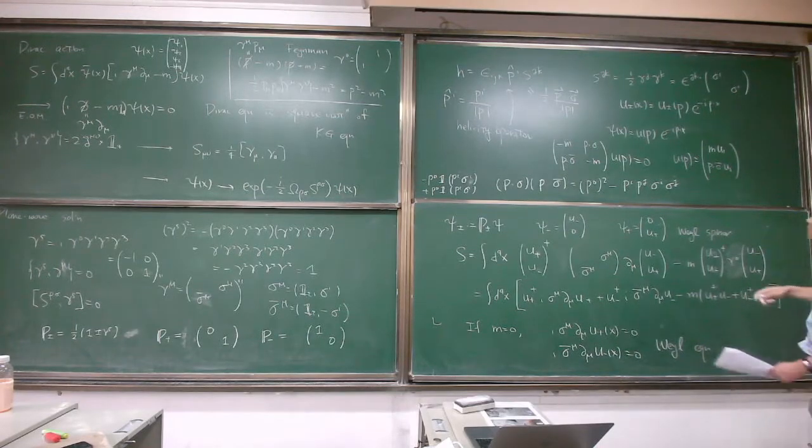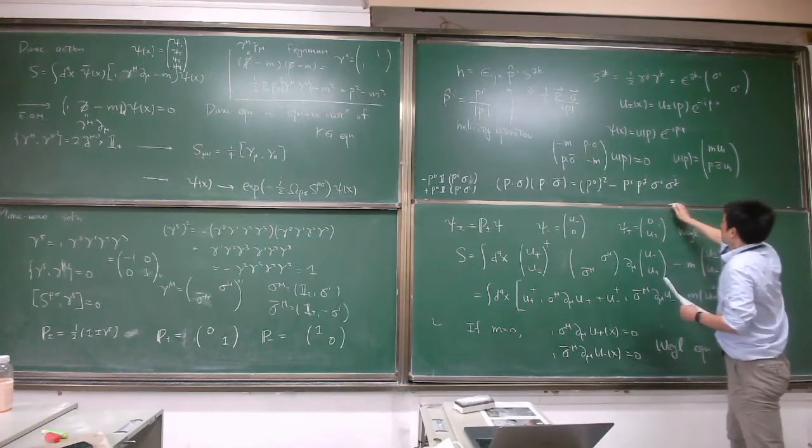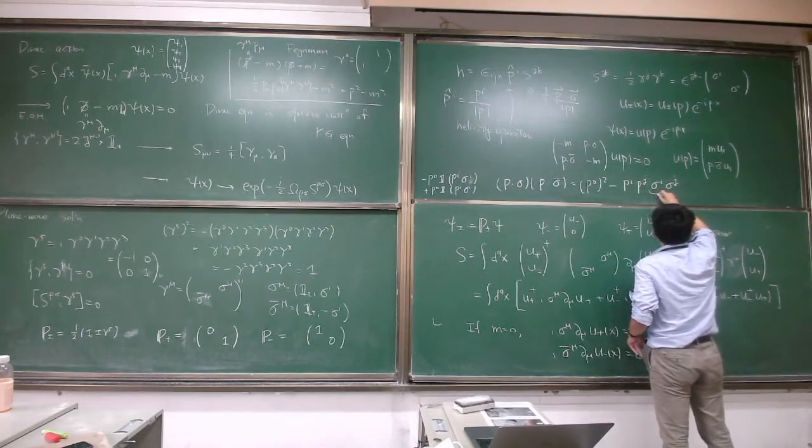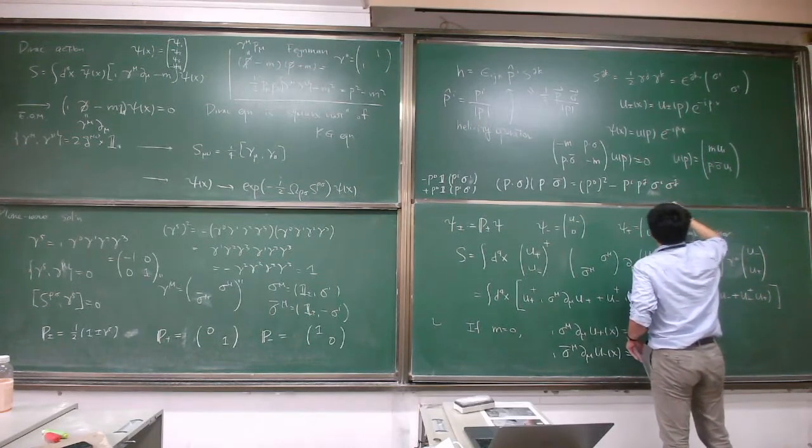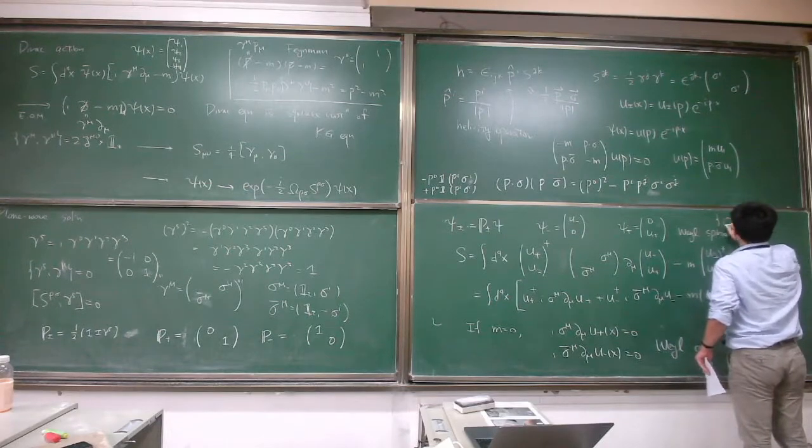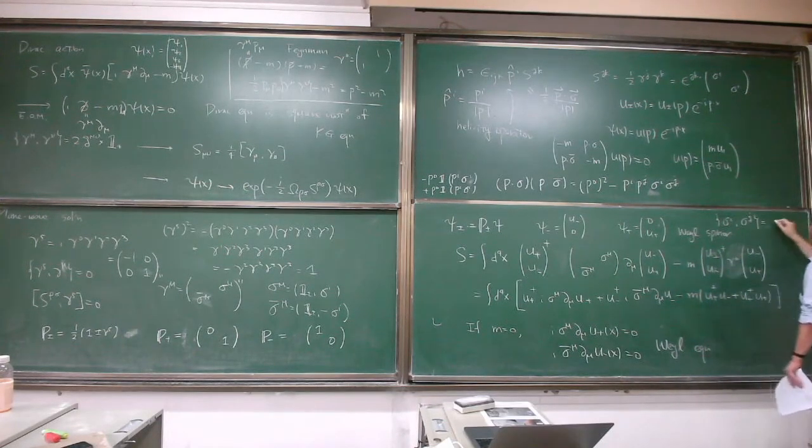So we already know sigma i sigma j anticommutator is equal to 2 delta ij. Do you understand this? Can you check? It's a small version of Clifford algebra. Seems like you guys do not.